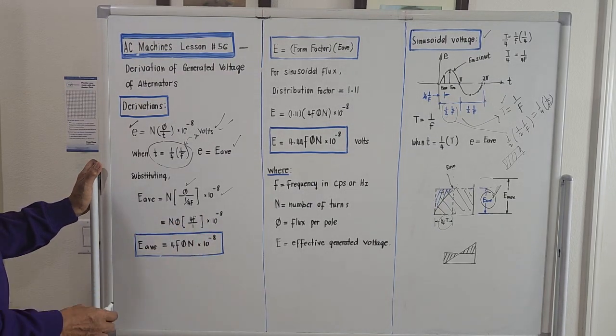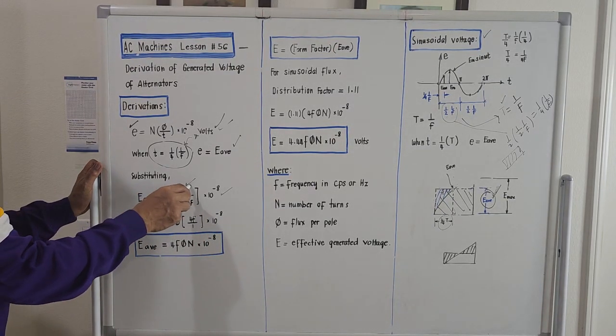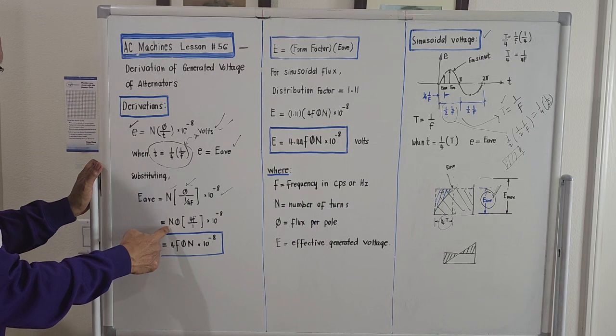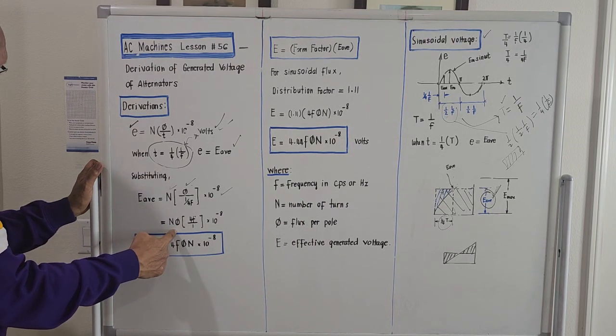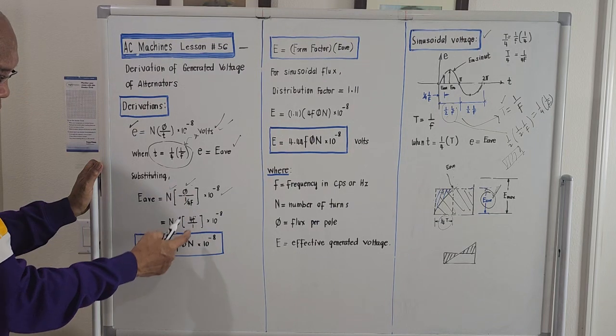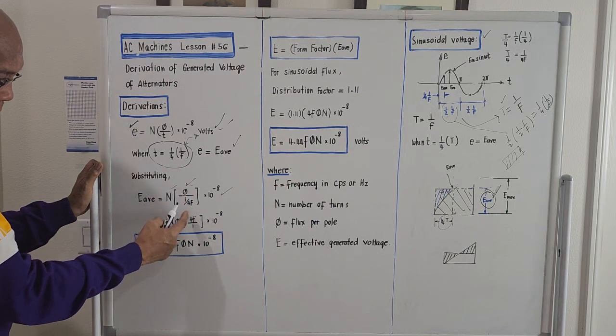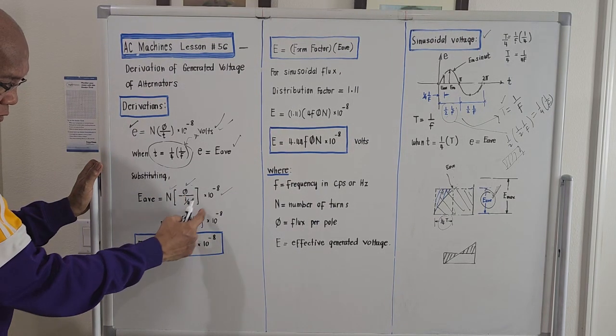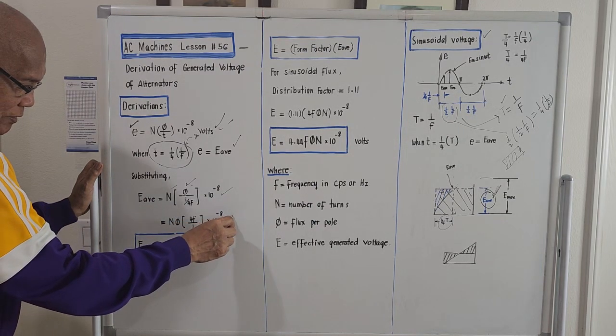If we simplify this, we change the operation from division to multiplication and take the reciprocal of 1 over F. It should be 4F over 1, close bracket, times 10 to the minus 8.